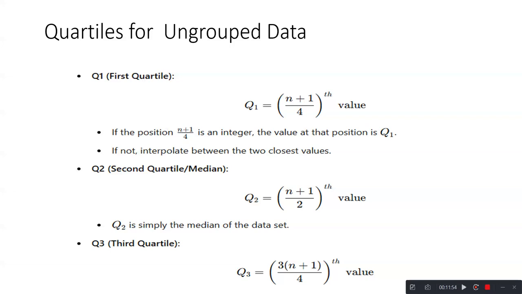Then the second quartile is going to be a half times n's value, then 3/4 of n. So if n is odd, then we would obviously add that 1.